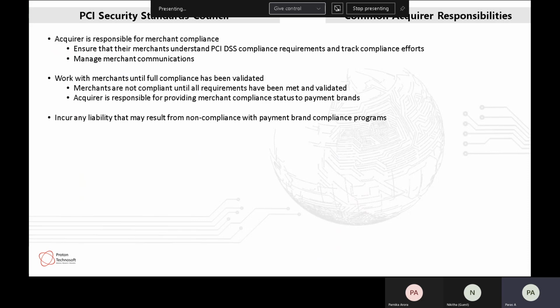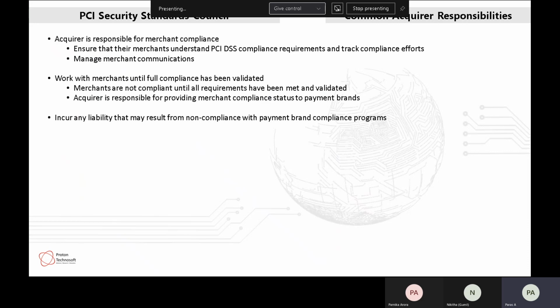They are responsible for any breach that happens in the merchant environment as well, so they are party to it. And if any non-compliance happens with a payment brand like Visa, MasterCard, etc., then they are also liable for it.